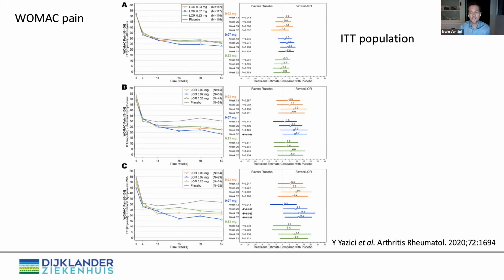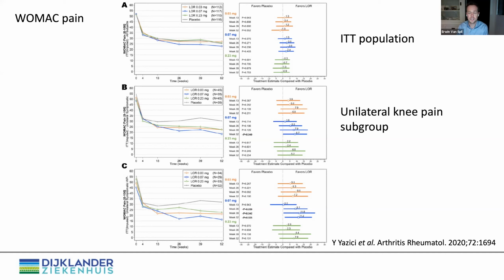However, if they looked in a subpopulation with patients with only unilateral knee pain, effect sizes increased. Also, confidence intervals increased because numbers were lower, but still, this suggests that pain might be different between the group as a whole and in this unilateral knee pain subgroup. And with that, also, the effects of lorecivivint might be different in this subgroup.